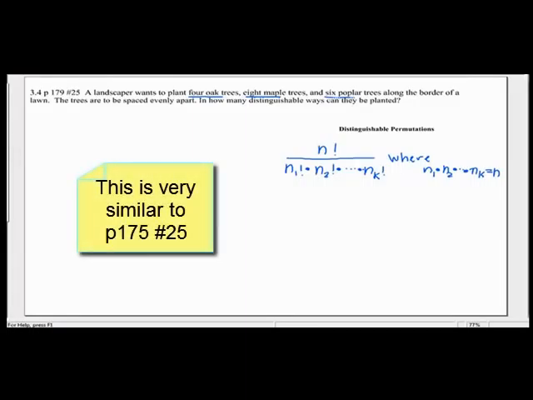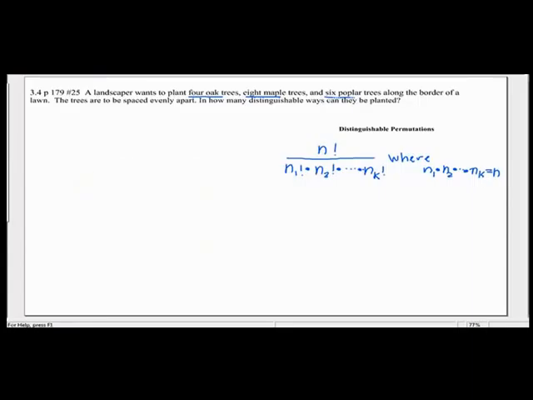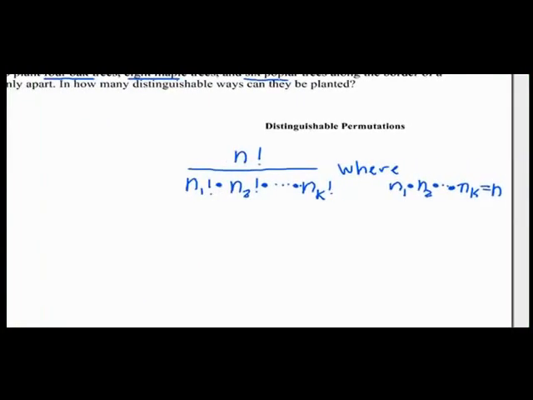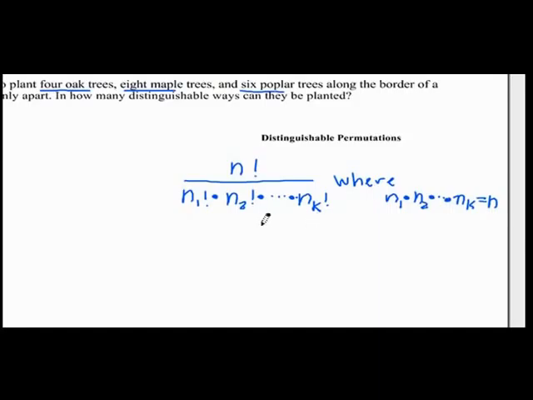This is section 3.4, page 179, number 25. A landscaper wants to plant 4 oak trees, 8 maple trees, and 6 poplar trees along the border of a lawn. The trees are to be spaced evenly apart, and how many distinguishable ways can they be planted? So our distinguishable permutations formula is n factorial over n1 factorial times n2 factorial times all the way to nk factorial, where the sum of these is equal to the numerator.